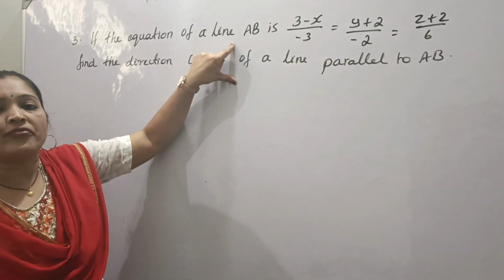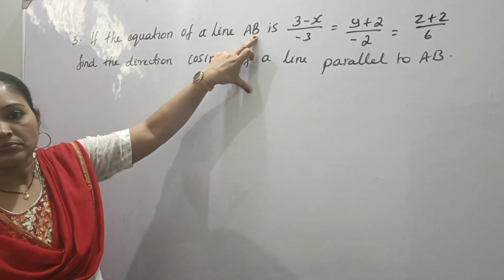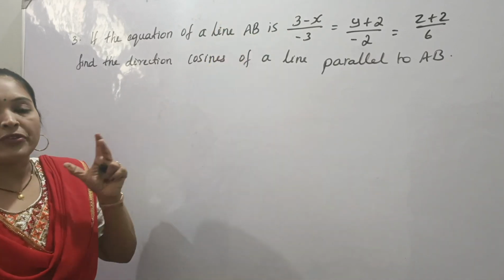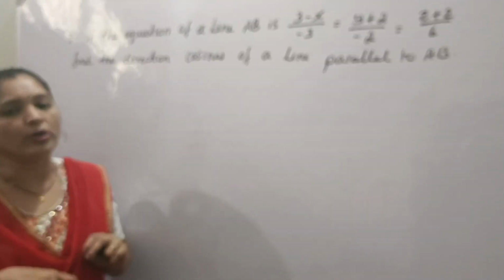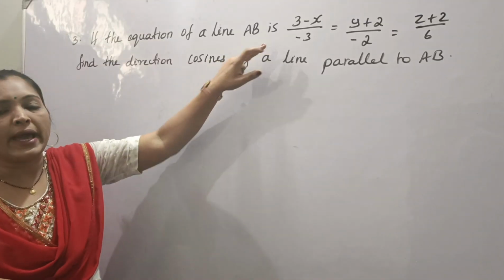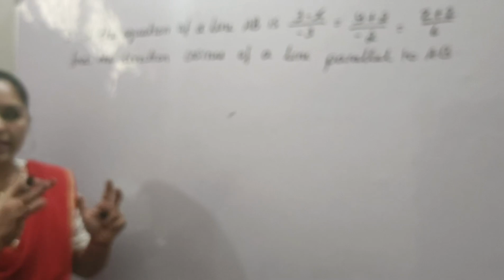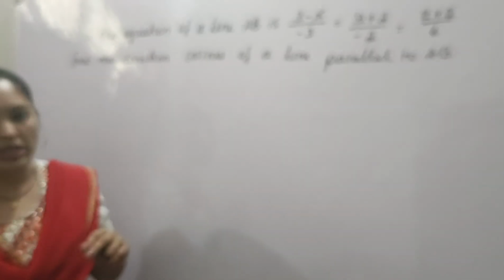The equation of the line is given in Cartesian form. So first of all we have to check whether the given equations are in standard form or not. We know that the Cartesian equation of a line is x minus x1 divided by a is equal to y minus y1 divided by b is equal to z minus z1 divided by c.